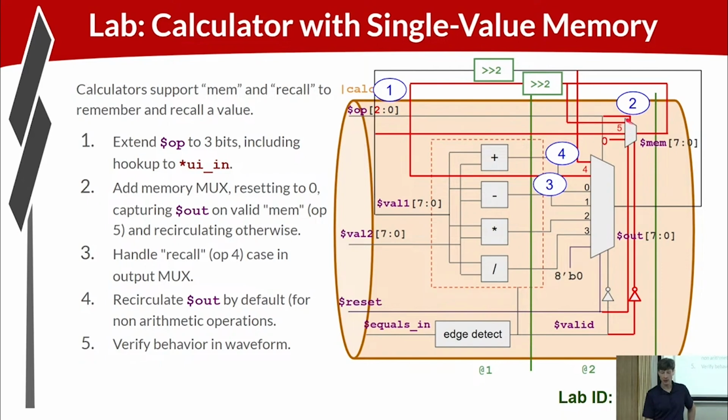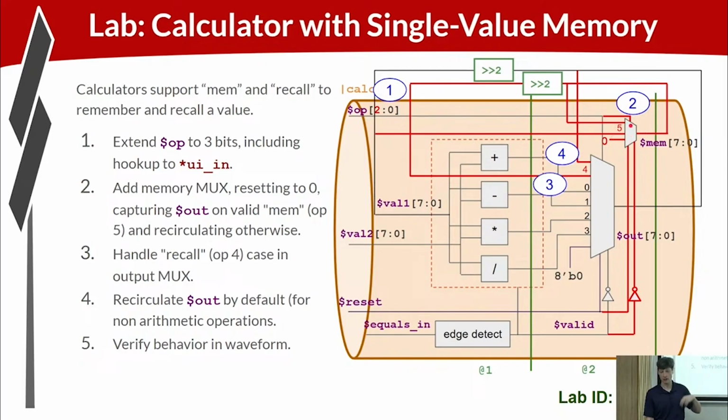So if my opcode or my operation is 5, I'll select that path from the output 2 cycles ahead. 2 stages ahead, I should say. And if we're not valid, we'll do this retain loop. So I think that's everything for driving this mux.